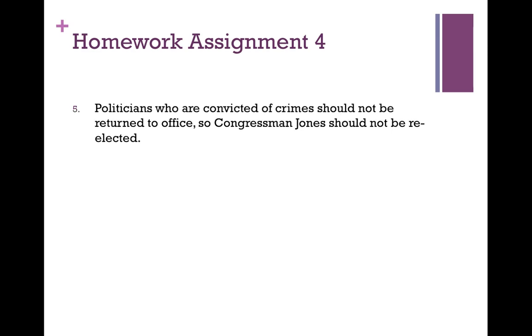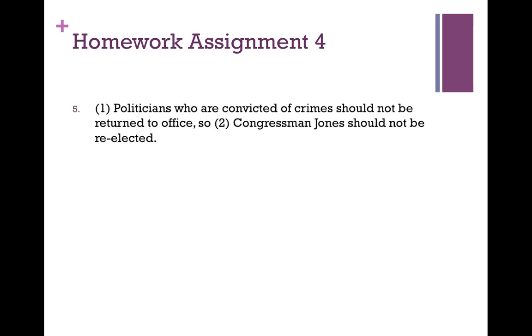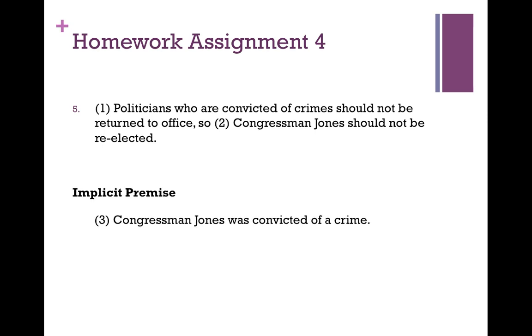Politicians who are convicted of crime should not be returned to office, so Congressman Jones should not be reelected. We just number our propositions here. And I think this one's actually fairly straightforward: Congressman Jones got into some trouble. Congressman Jones was convicted of a crime. And again, you're moving from a statement about politicians to Congressman Jones in particular.